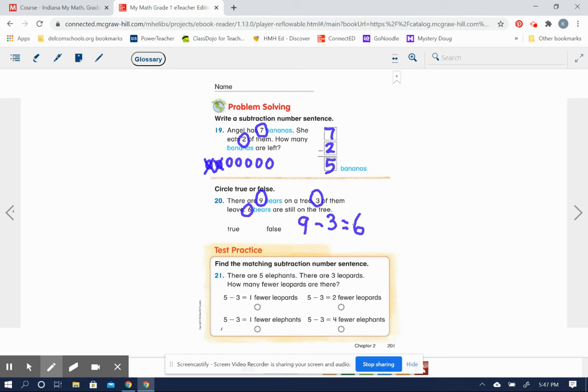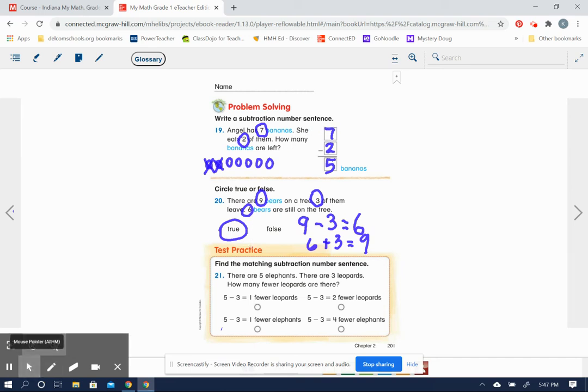Is that true? Is 9 minus 3 equal to 6? Well, if we use our related facts, we know if we use these same numbers, is 6 plus 3 equal to 9? Yes, it is. It is true.